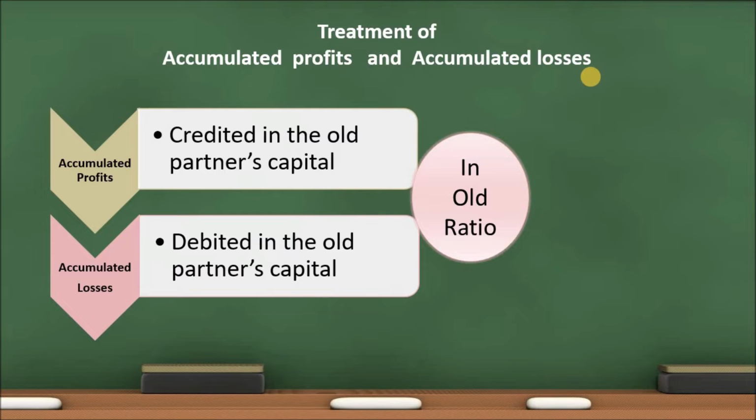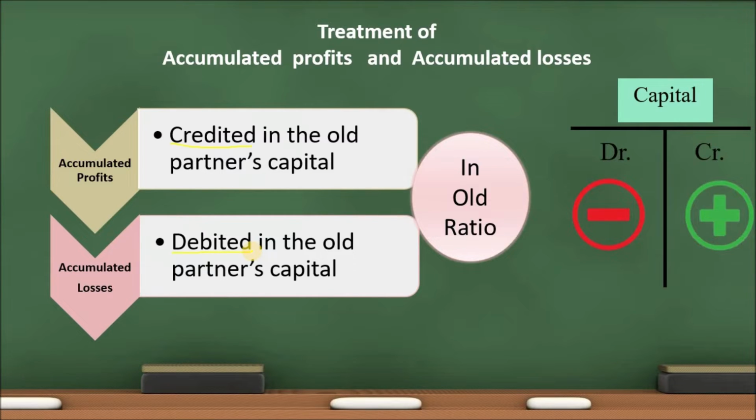Now, what is the reason that accumulated profits are credited whereas accumulated losses are debited? The reason is the rule of debit and credit, which you have done, applicable to capital account: if capital is increased, it is credited, but if there is a decrease in capital, it is debited.